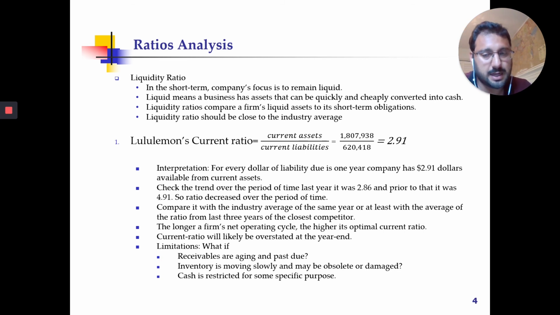The first ratio is the current ratio, which is the ratio of current assets to current liabilities. The current assets for Lululemon are 1,807,938 divided by 620,418, which is the current liability. These numbers are actually in thousands, but we are ignoring the last three zeros.